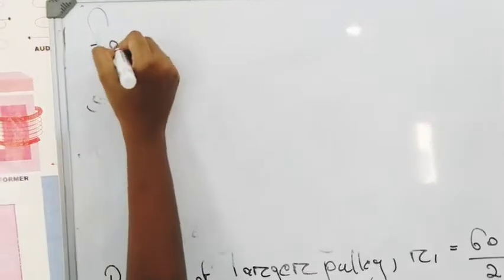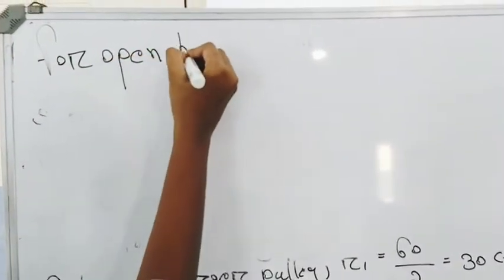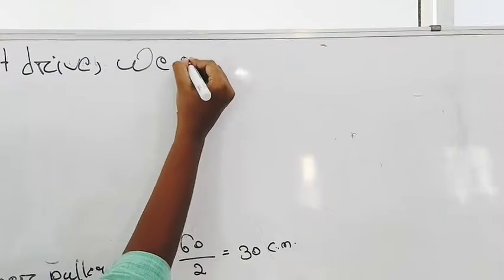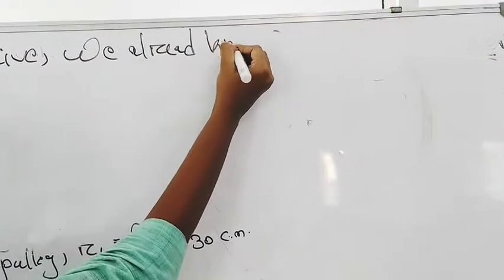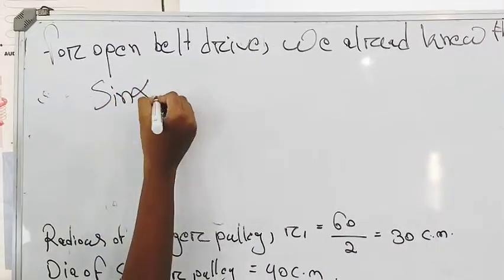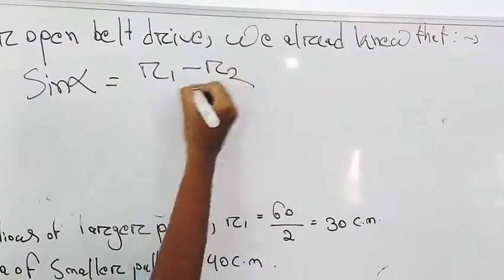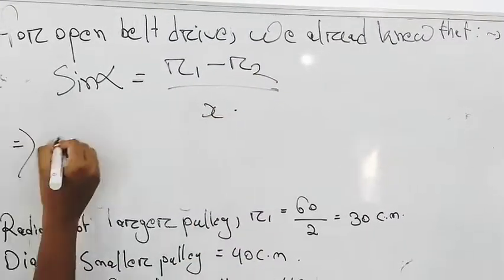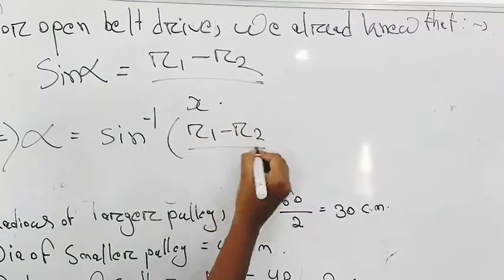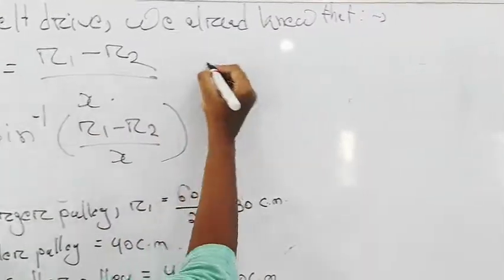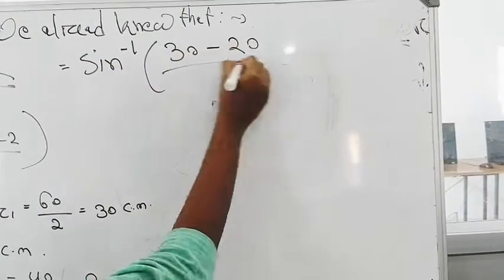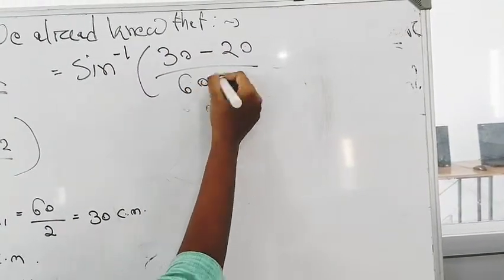For an open belt drive, we already know that sin alpha is equal to (r1 minus r2) divided by x. So alpha is equal to sin inverse of (r1 minus r2) divided by x, which is sin inverse of (30 minus 20) divided by 600.